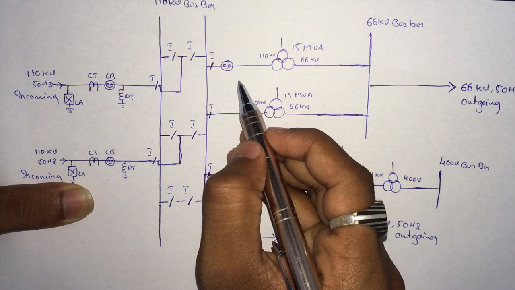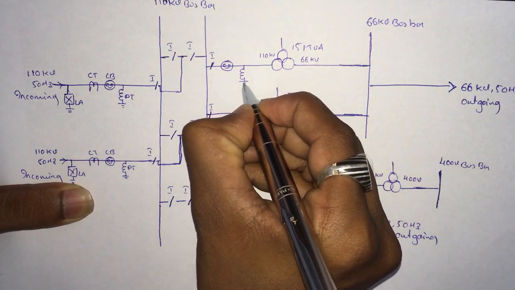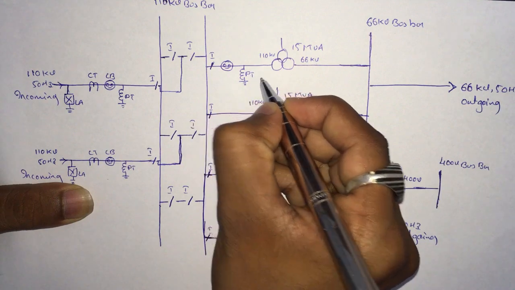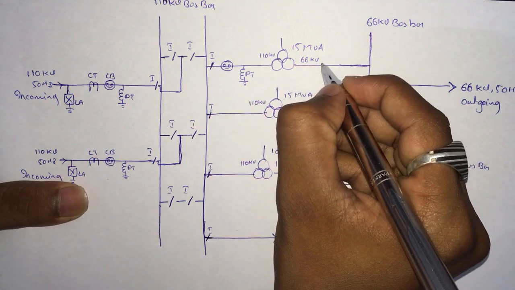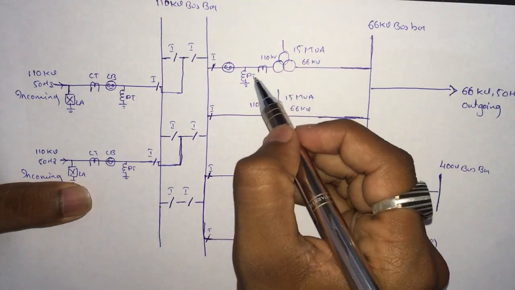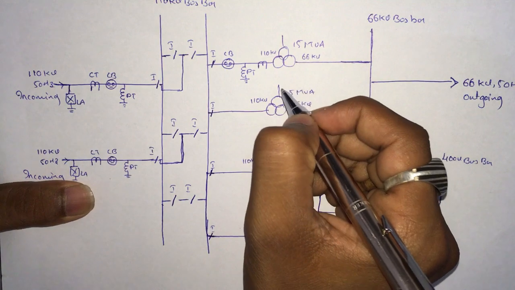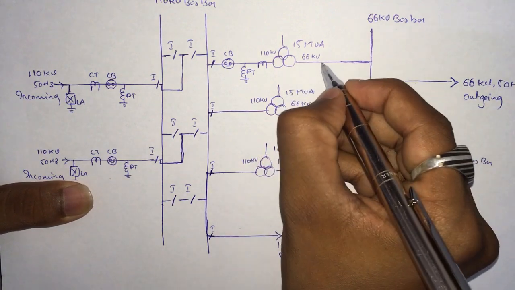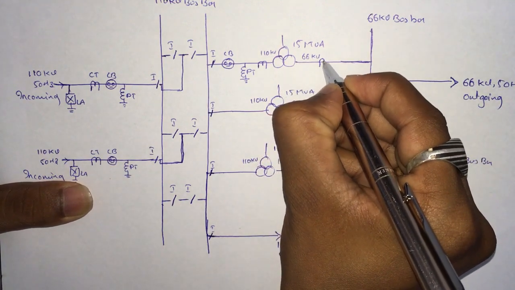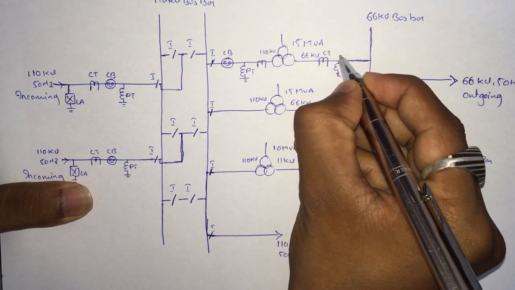Before the transformer, circuit breaker, a PT, potential transformer, okay, and a CT, PT and CB, circuit breaker near to the transformer. Again after the transformer, CT, PT.